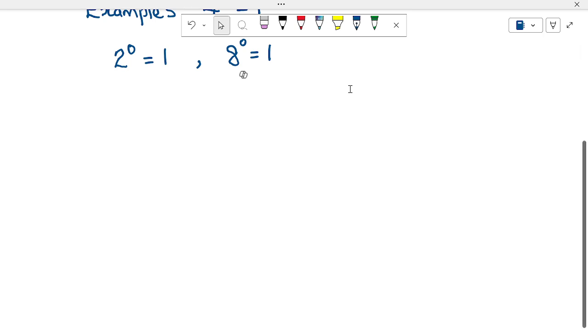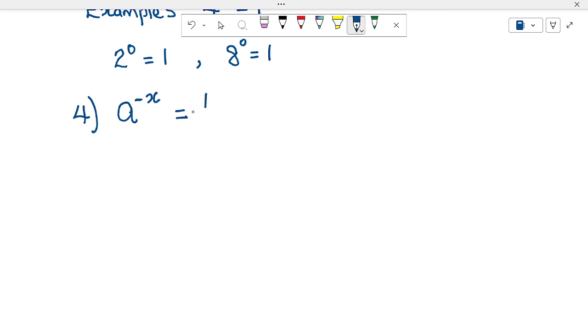Okay, let's take another law. This one now, we have a raised to power minus x. A raised to power minus x is the same thing as 1 divided by a raised to power x. Study it very well.